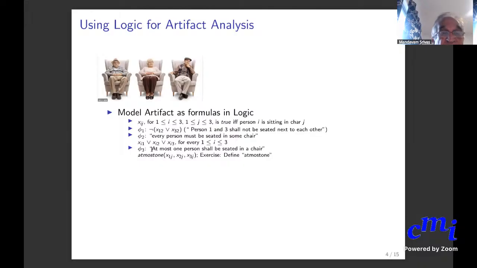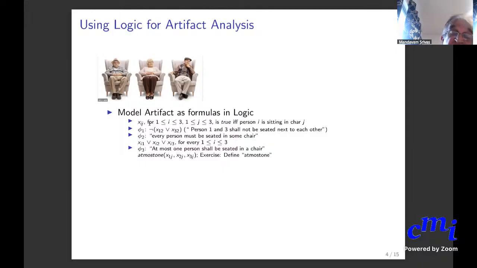The problem may not say that every person has to be seated in a chair, and you will take for granted that no two persons can be seated one over the other. So this exercise of modeling brings more precision to your problem.